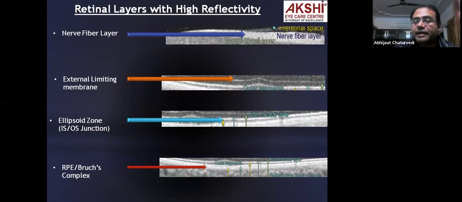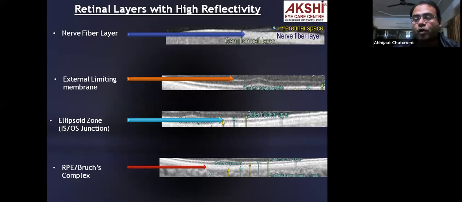That complex can be divided into an inner segment and an outer segment, which is divided by this line known as the ellipsoid zone. Previously the difference between IS and OS was not very significant on OCT, therefore a broad area known as the ellipsoid zone was defined.